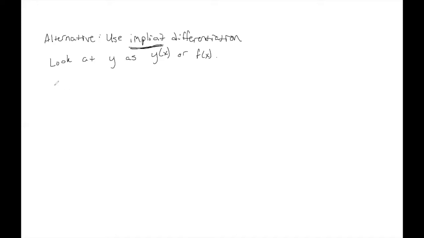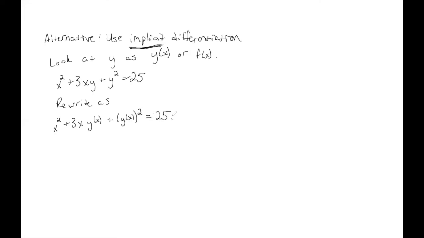Let's return to the original function, x squared plus 3xy plus y squared equals 25. And let's rewrite it as x squared plus 3x y of x plus y of x squared equals 25.